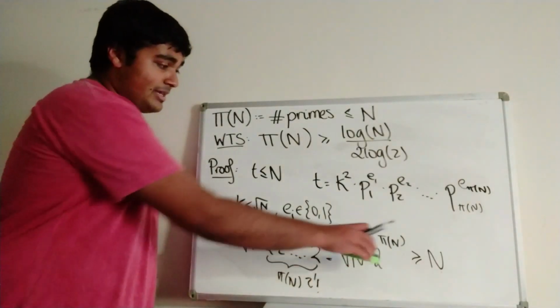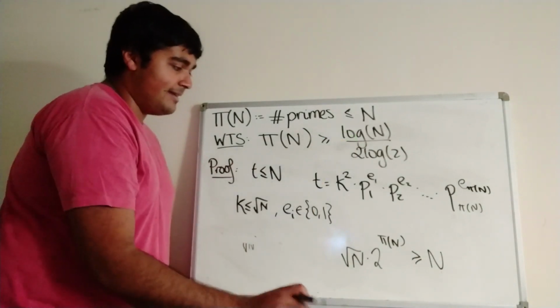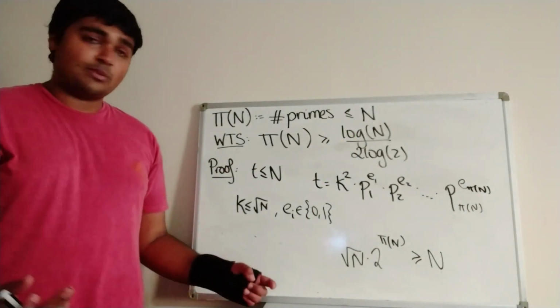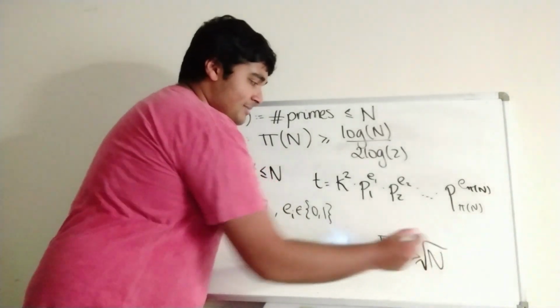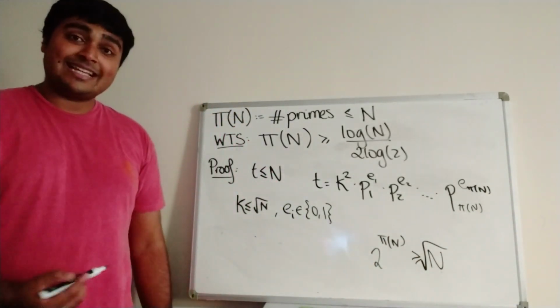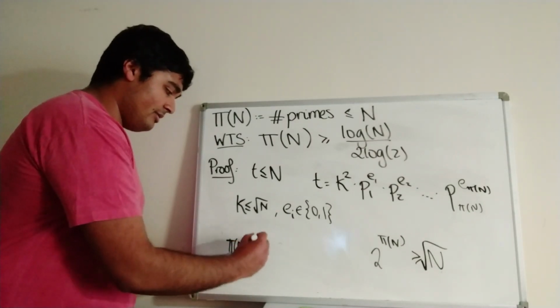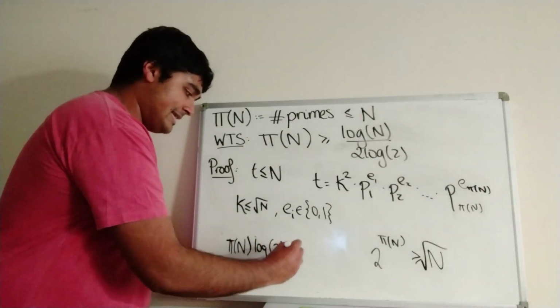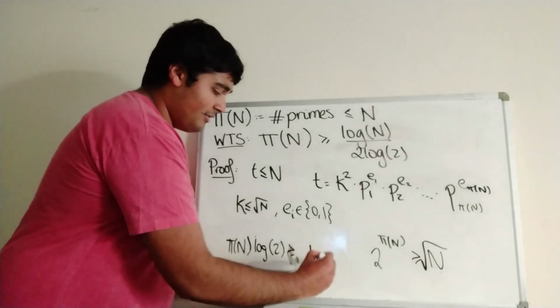And now all we're going to do is just work with this formula here, rearrange it, and we're going to get to this guy here. So let's just divide both sides by the square root of n first. So we get rid of this square root of n here, and this guy becomes a square root. Cool. Next we're going to take the log on both sides, so we get pi of n times log 2 is bigger than or equal to half log n.